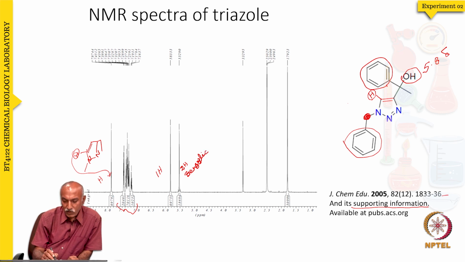You also see 2 peaks which have no integration, at about 3.3 and 2.5. This 2.5 basically corresponds to the solvent peak, DMSO-d6, which contains a little bit of undeuterated solvent.